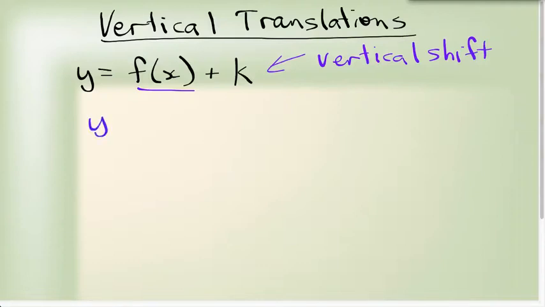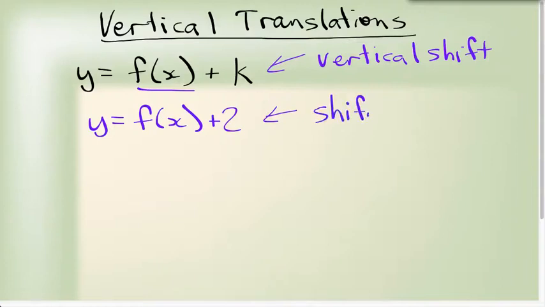Now this can look like y equals f of x plus 2, and that means the whole graph shifts up 2 units.